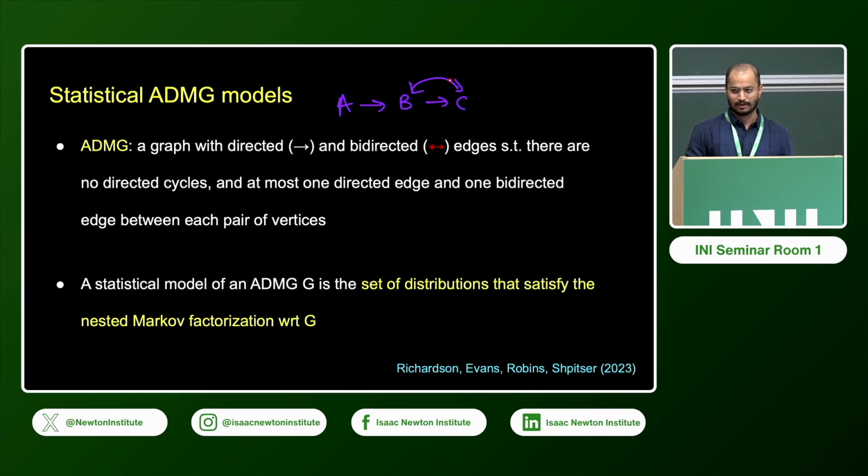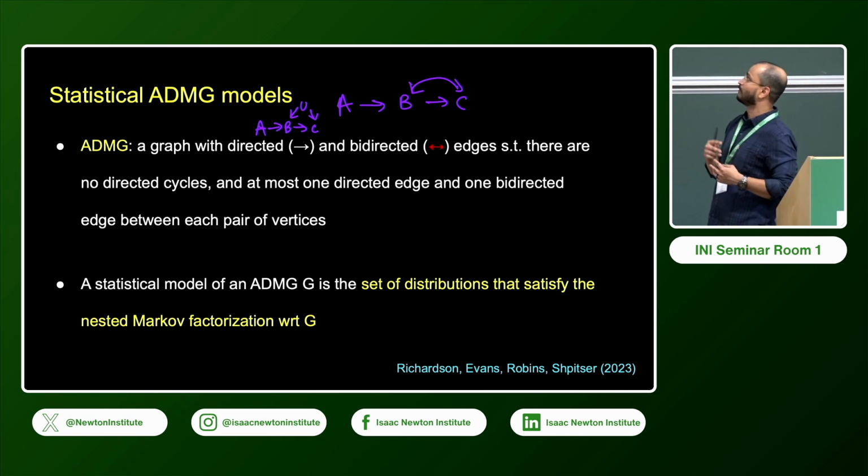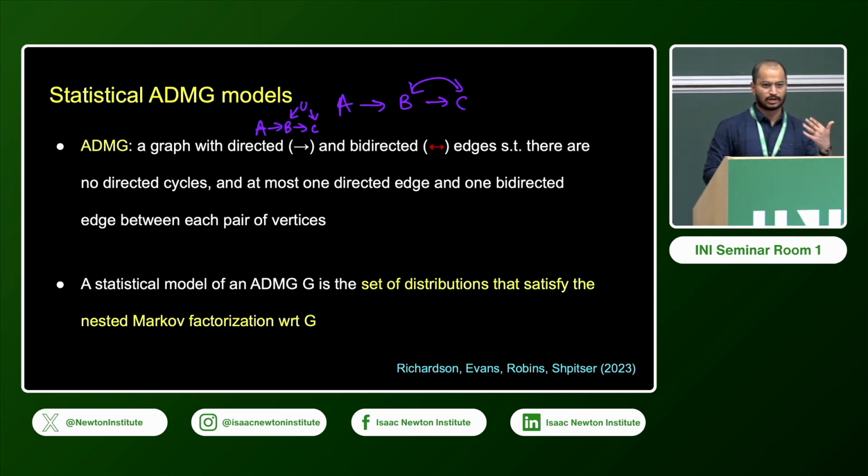This is the observed data representation of the IV model, which I'll talk about with latent projection in a second, but this ADMG is representing an unmeasured confounder between B and C. So you are allowed to have two edges between variables as long as one is directed, one is bidirected.